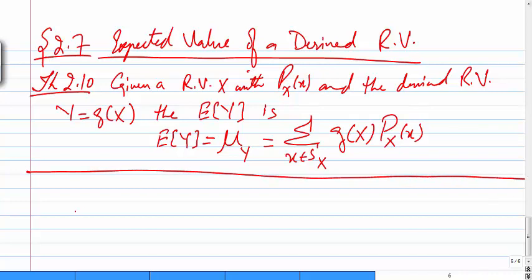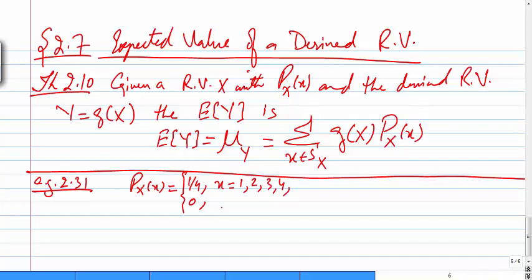Now let's look quickly at an example to understand this idea. The example says that the PMF given to us is 1 by 4 for x equal to 1, 2, 3 and 4, and 0 otherwise. This is a continuation of the previous example.